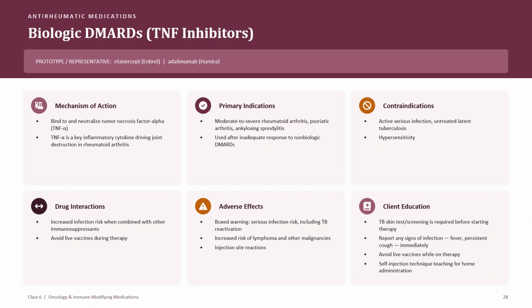So when you block TNF broadly, you're not just calming joint inflammation, you're also potentially letting a dormant TB infection reactivate. That's exactly why TB screening is required before starting any of these medications. And that's why it carries a black box warning for serious infection risk.